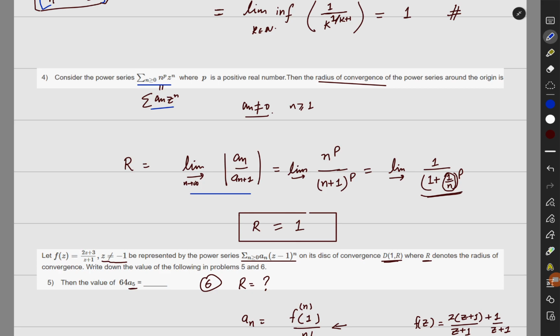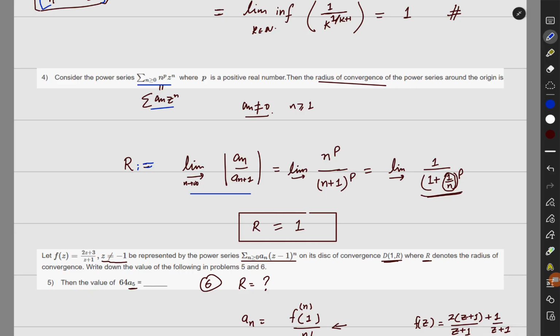And in this way we got radius of convergence equal to this limit of modulus of a_n divided by a_(n+1). So now we put the value of a_n, which is n to the power p, and the value of a_(n+1), which is n plus 1 to the power p.